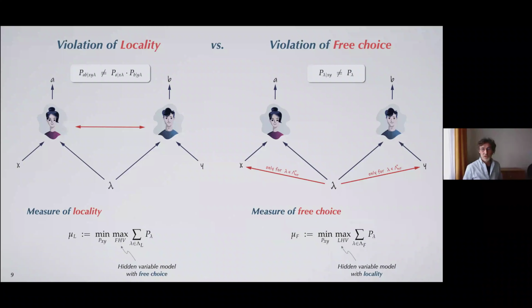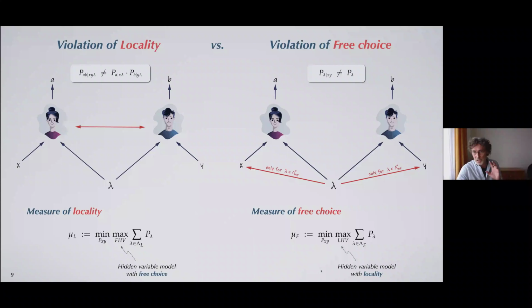Here is the precise mathematical formulation of those measures. The measure of locality is the maximum over all possible models with freedom of choice. Here I sum over this local part only, and of course minimize over any choice of settings.